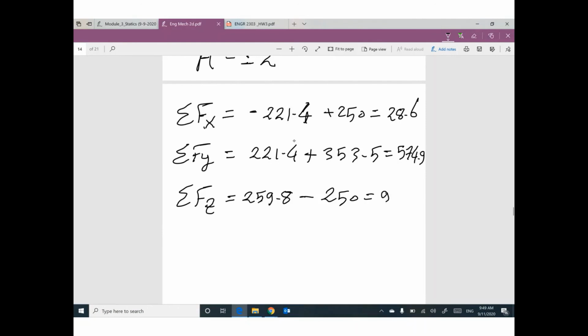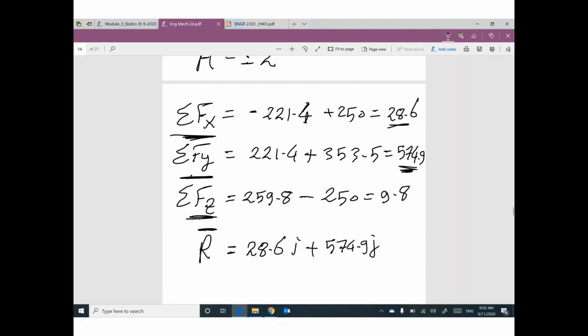Just to let you know, the summations of all X components, Y components and Z components are the components of your resultant. So the X component for the resultant force equals this value, the Y component equals this value, the Z component equals this value.